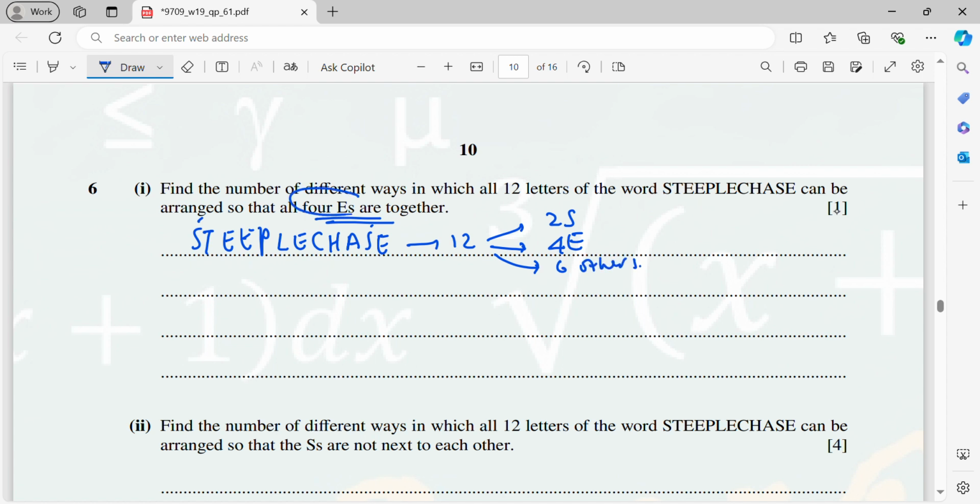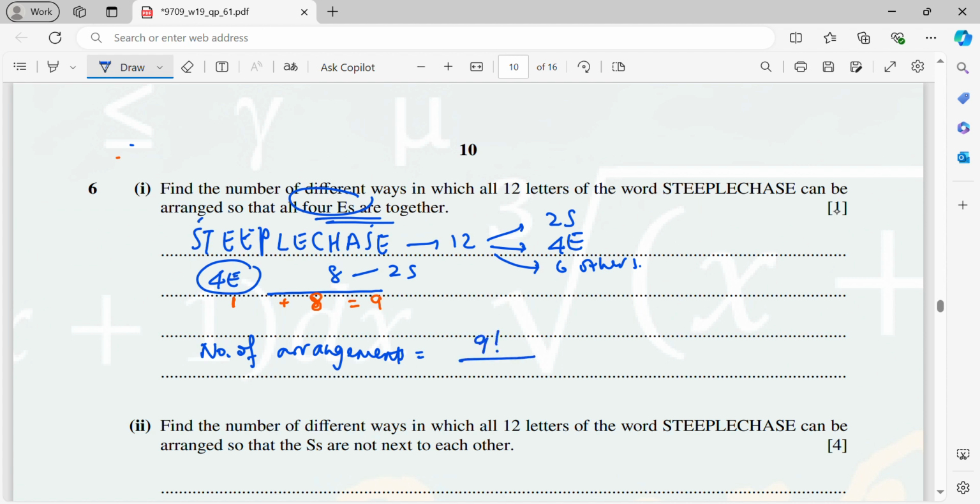Okay, now 4 E's are together. So when 4 E's are together, group them as 1. Okay, then here you still have 8. But out of 8, we still have 2 S's. Remember, your E's are not necessarily the first one. It can be any way. That means 1 plus 8, it will be 9. You are arranging these 9 letters. So my number of arrangements is 9 factorial.